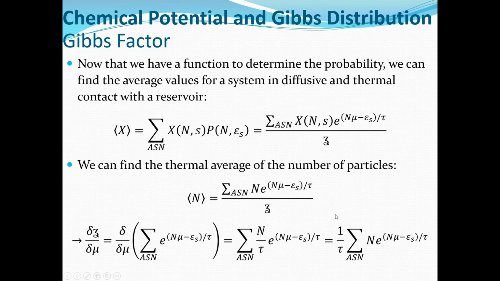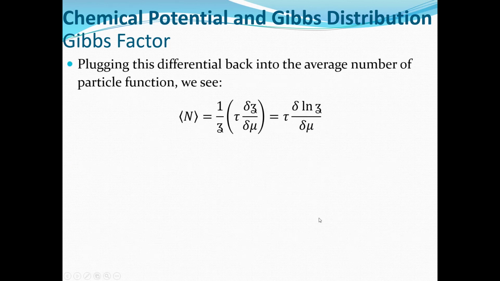So from here, we can say that the average number of molecules is equal to this: 1 over the partition function times this partial derivative, just like we got it last time.